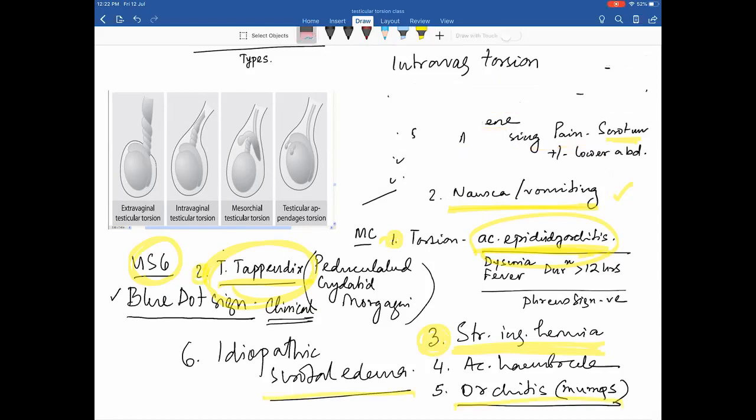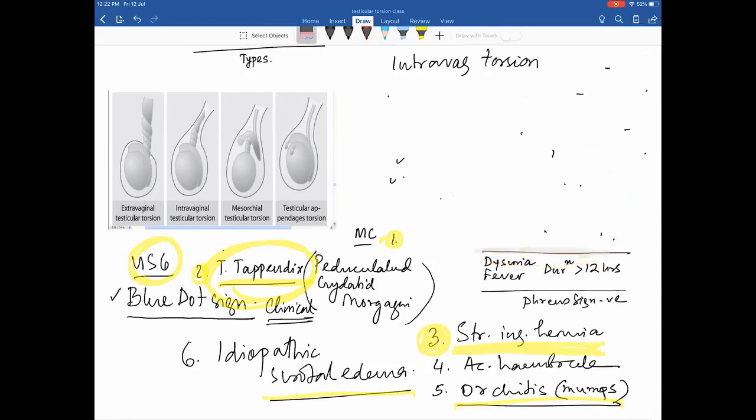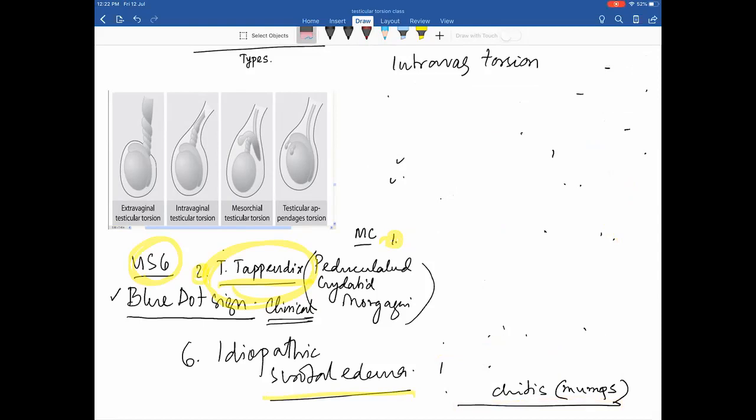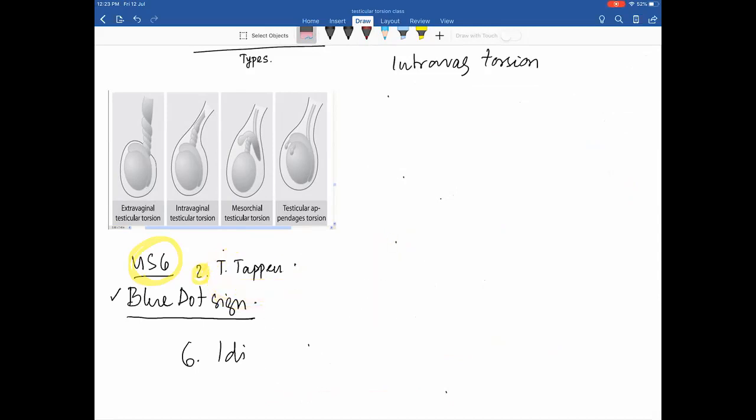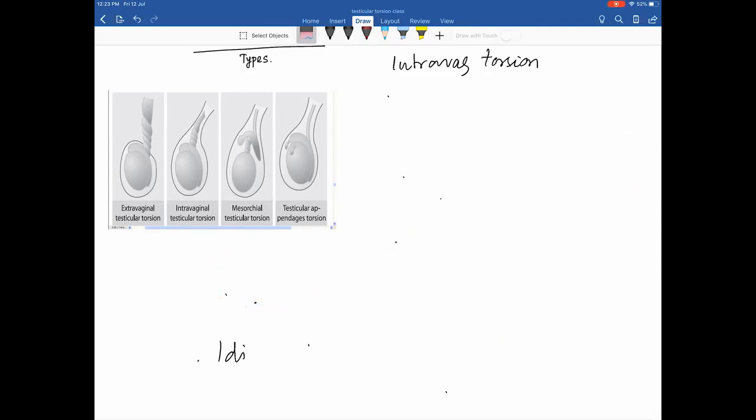Now let's talk about the diagnosis. Testicular torsion is always a clinical diagnosis, and the investigation of choice is a Doppler ultrasound if you have one. If you do not have an ultrasound, it is better not to wait and observe, but to explore the scrotum, observe the findings and then take a final call, rather than waiting for the testes to get destroyed.